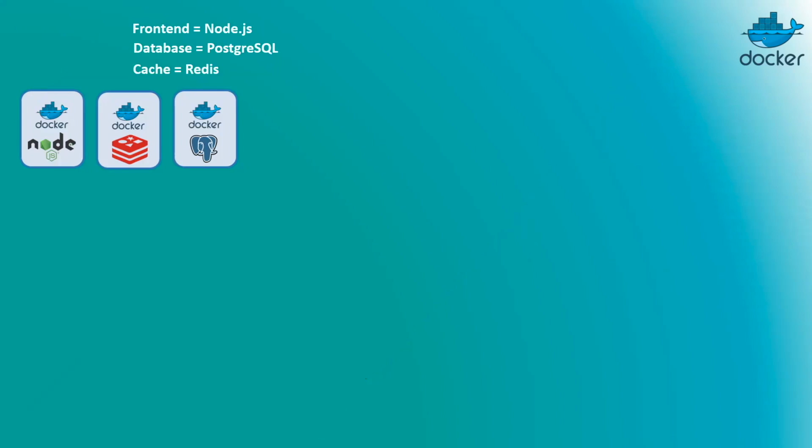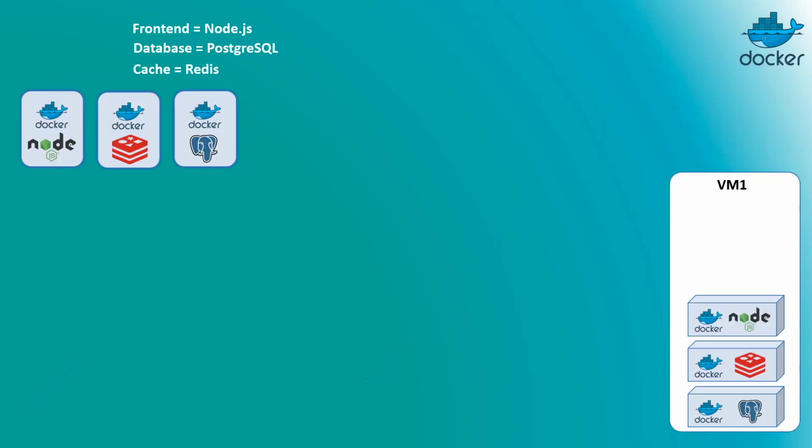For today's demo, let's assume we have a web application. Our front end is in Node.js, the database is PostgreSQL, and we have a caching layer which is made out of Redis. We are running our application in a virtual machine. We have one load balancer, which is balancing the load between the containers, and that load balancer is exposing the application to the external world.